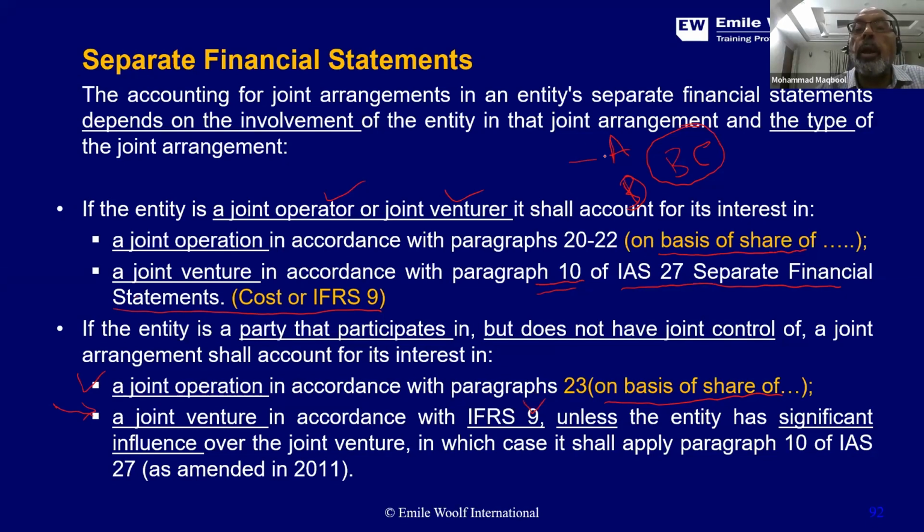We're talking about A and D. In my language, they are called the bystanders. They are not the main players. Okay, so they will apply IFRS 9 unless the entity has significant influence over the joint venture, in which case they can apply paragraph 10, which is the cost, equity method, or IFRS 9. Three methods are available to them.